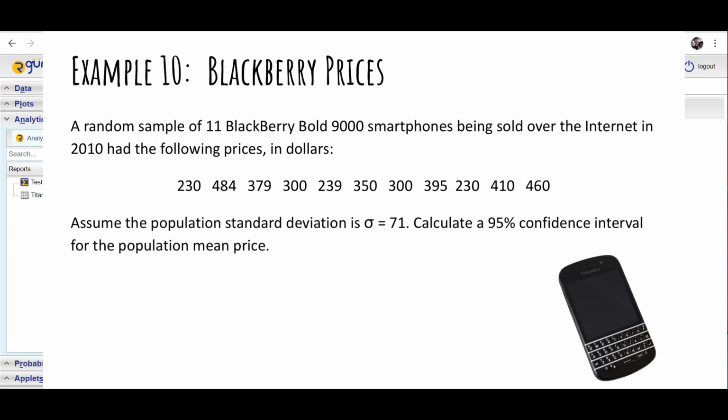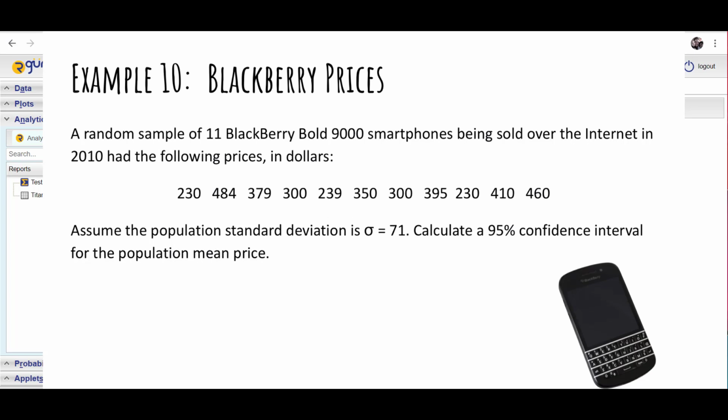Now the sample size, 1, 2, 3, 4, 5, 6, 7, 8, 9, 10, 11, is technically not big enough. So I'm going to add in here the population is normally distributed.